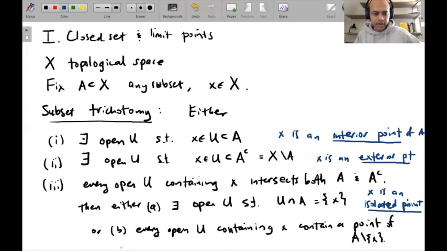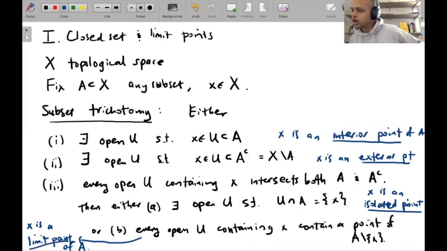And in this second case, we say X is a limit point of A. Okay, so this is some terminology which will be useful. Let's see an example.